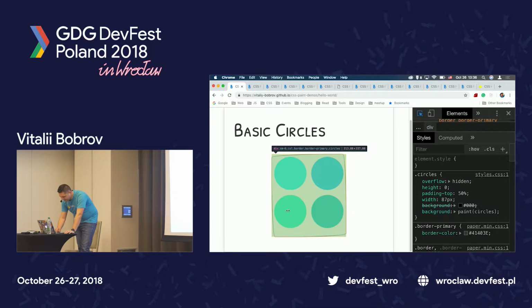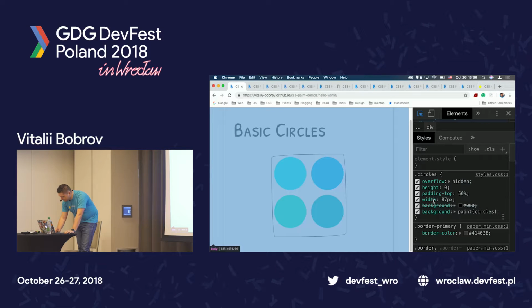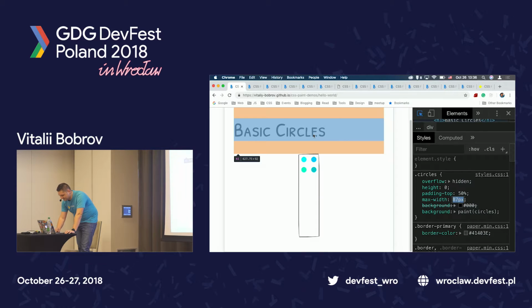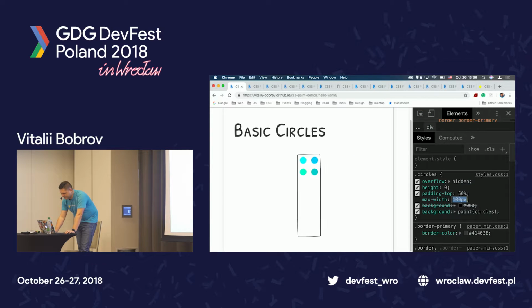Why? Okay, I use a padding hack here to preserve the aspect ratio of the element. So yeah, every time we change the size of the element itself, not the viewport, it calls this paint renderer for us.